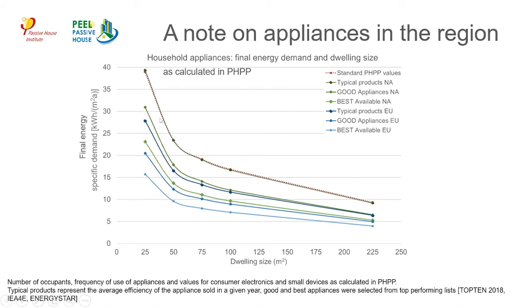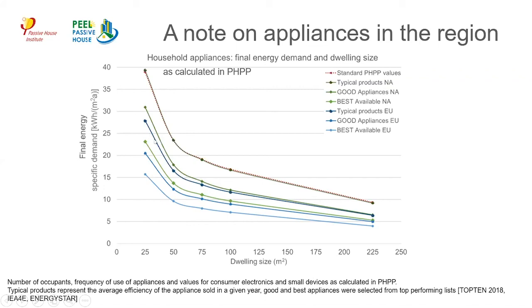This red dotted line, which is combined with the typical values for products in North America, is where we are now. This is what you get from PHPP if you use the standard values for appliances. Then we have several additional lines. The other one that combines is, again, the typical products in North America.